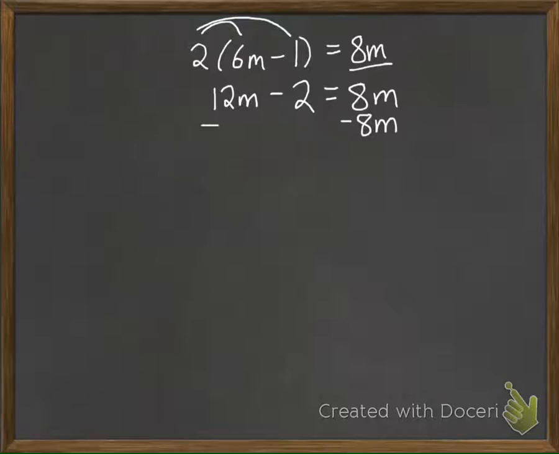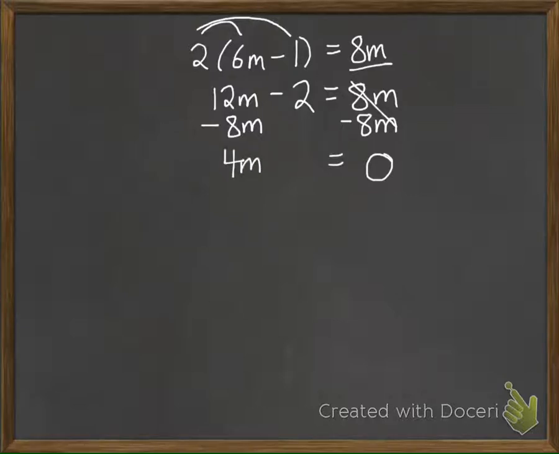And on the left-hand side, I'm also going to subtract 8m. On the right, the 8m minus 8m equals 0. And on the left-hand side, I have 12m minus 8m. Those are my like terms. And 12m minus 8m gives me 4m.